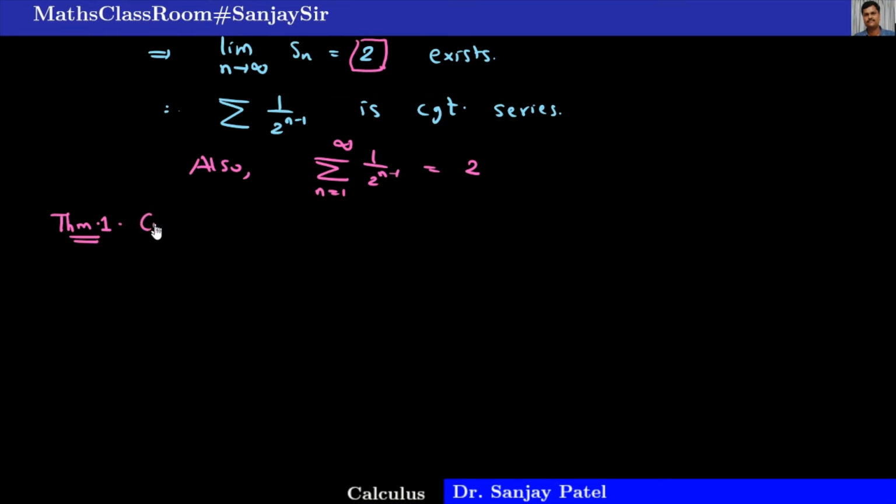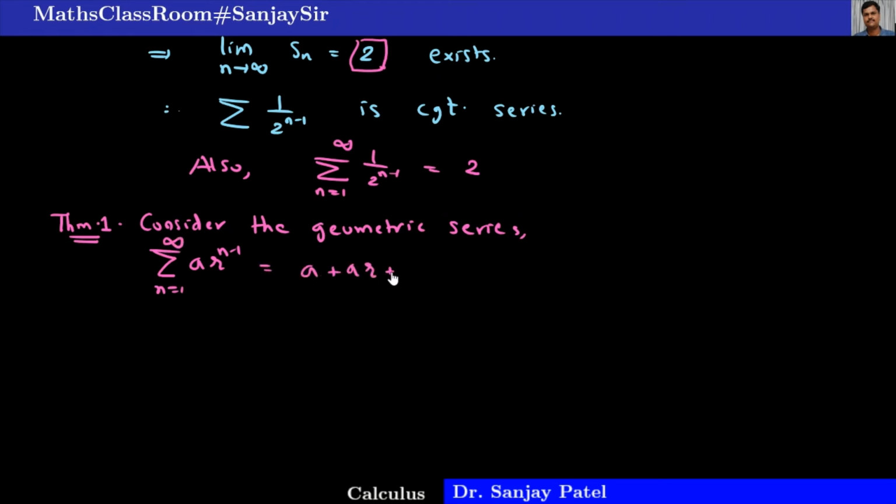Consider the geometric series sigma a into r raised to n minus 1, n equal to 1 to infinity, that is, a plus ar plus ar square plus ar cube and so on. So this is a geometric series.